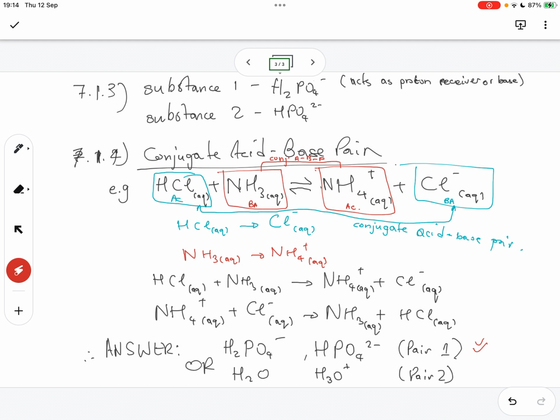So I want to show that. I associate the acid with its conjugate base pair with one color, and I associate the base here with its conjugate acid pair with a different color, so that it's not confusing. So it's not necessary to draw these arrows. It's just for me and you when we are discussing, so that we can see.